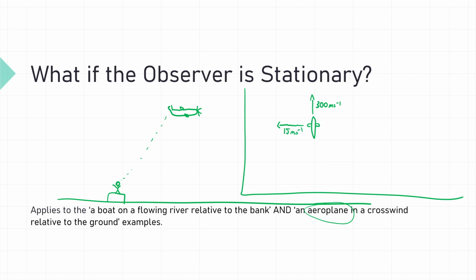Similar to the first example, all we would need to do is some simple vector addition to then draw out our resultant. That's going to be a combination of the two vectors, pointing us in the right direction of where the plane is actually traveling through the air. And from here, we can calculate a bearing as well as a magnitude of the total velocity of the aeroplane.